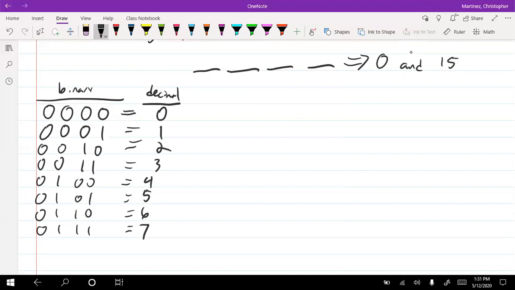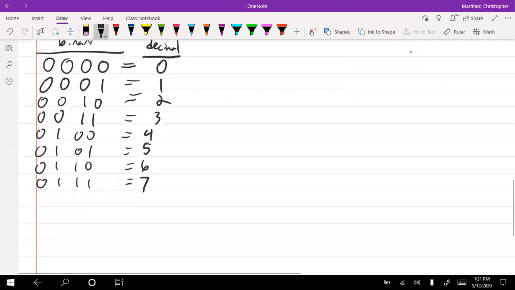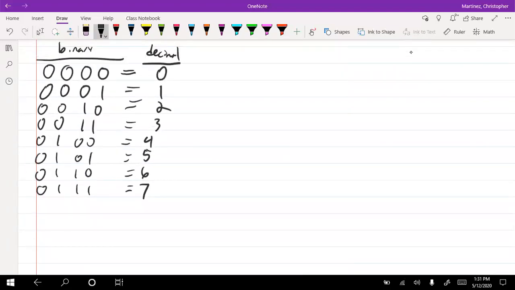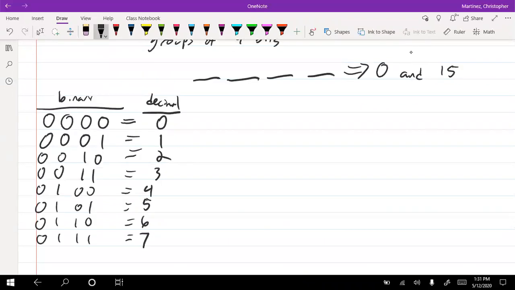The next bit is going to alternate 2 zeros, 2 ones, 2 zeros, 2 ones. Then the next bit will be 4 zeros, 4 ones. Then the last bit will be 8 zeros, 8 ones. Okay, so let's just keep repeating. To repeat, I'm going to start a second column here.